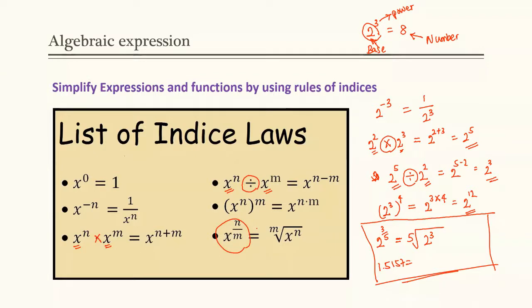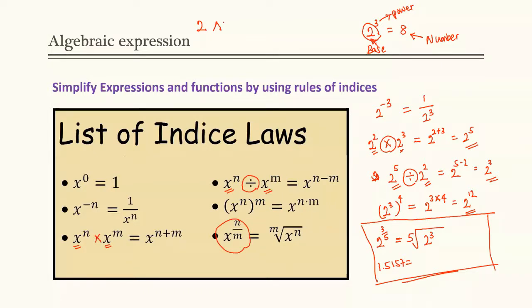So if you are using this MS version, how do you need to put this data into the calculator? You need to get the answer of 2 to the power 3 over 5. First you need to press 2. And then to get the power values, you have this button. It is right below the down arrow key.